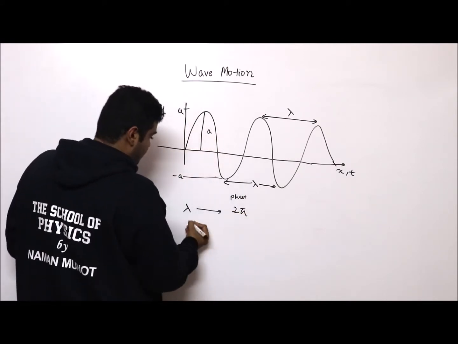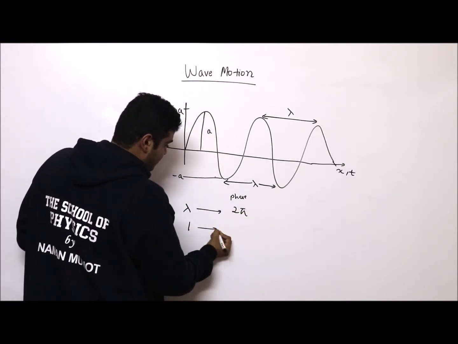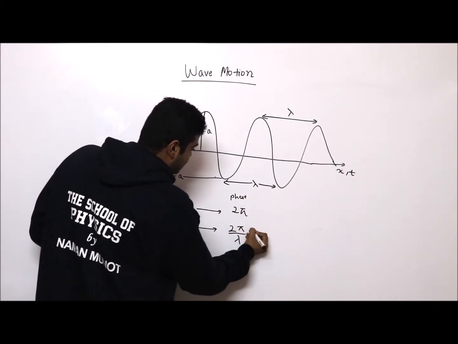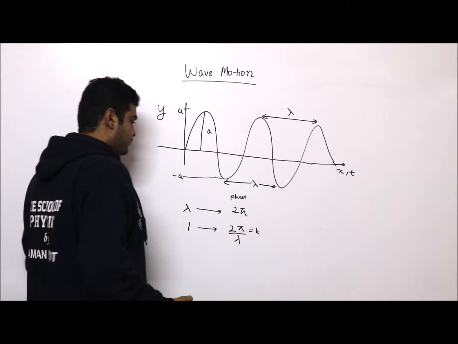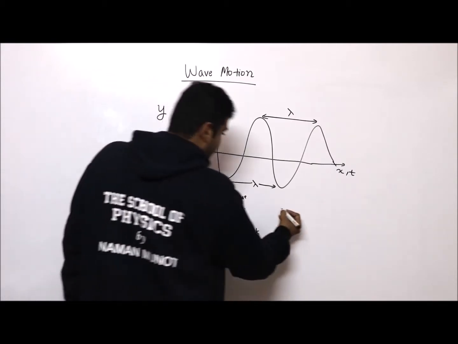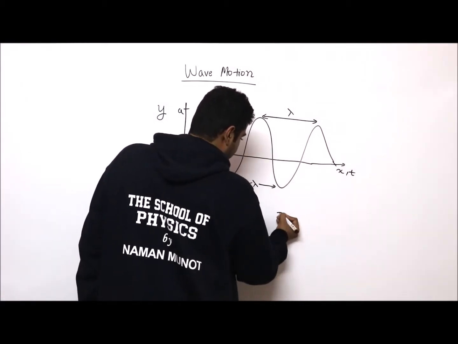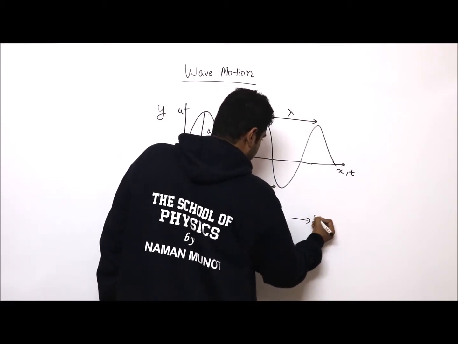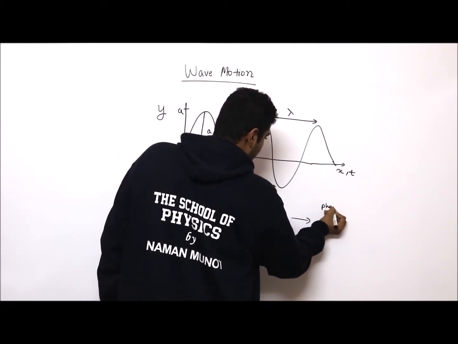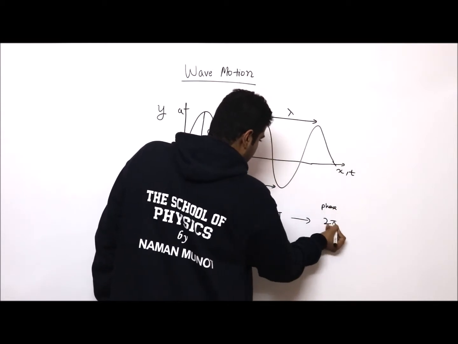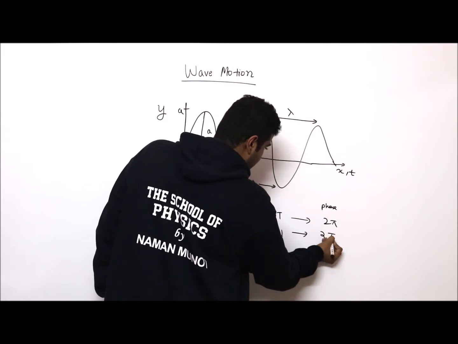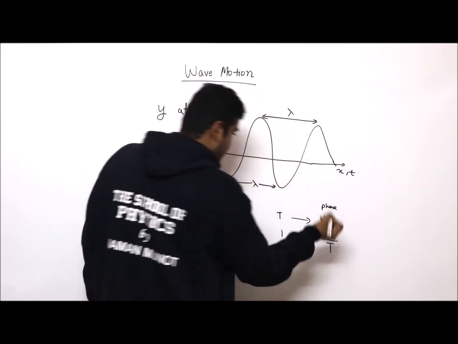So for traveling 1 unit distance, the phase change is 2 pi by lambda, and this is k. For traveling T seconds, the phase change is 2 pi. So for 1 second the phase change will be 2 pi by T.